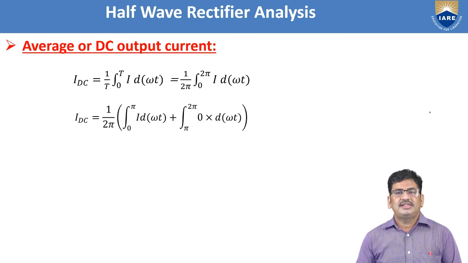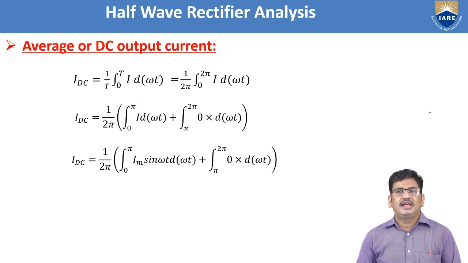Then we can write IDC is equal to 1 by 2 pi, integral 0 to pi of i d omega t plus integral pi to 2 pi of i d omega t. In the duration pi to 2 pi the current is 0, so substituting 0 there, IDC is equal to 1 by 2 pi, integral 0 to pi of i d omega t plus integral pi to 2 pi of 0 into d omega t.